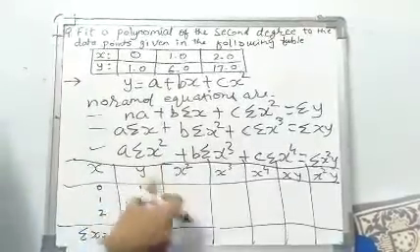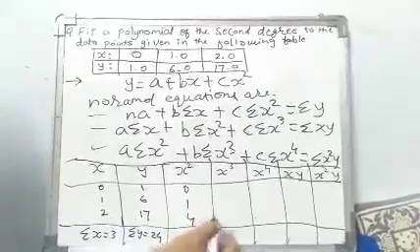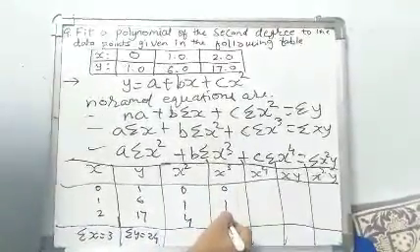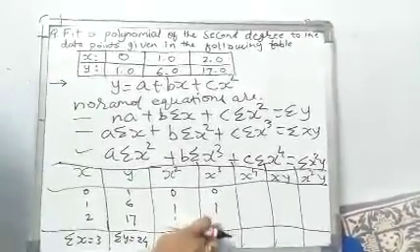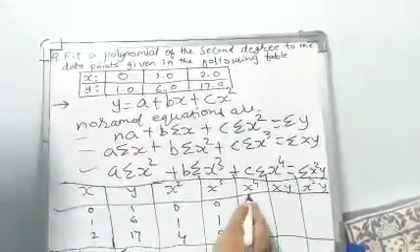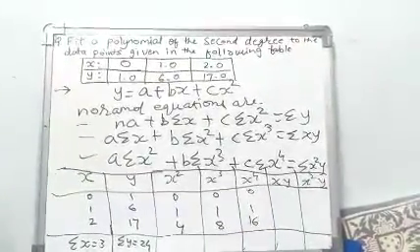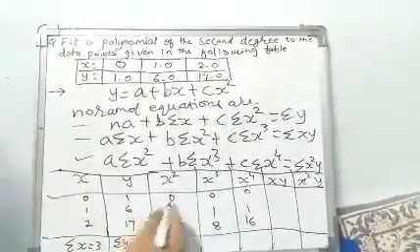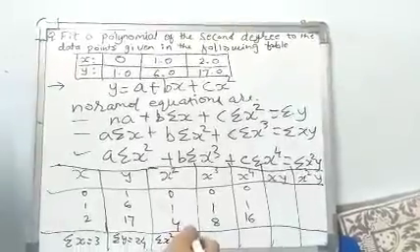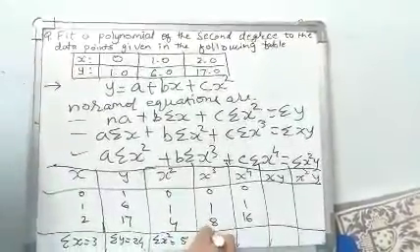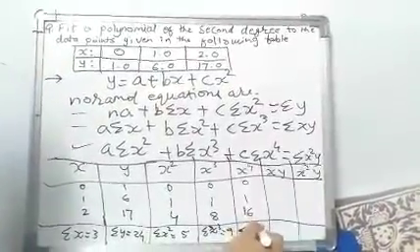Now we need to calculate x square: 0, 1, 4. x cube: 0, 1, 8. And x raised to 4: 0, 1, 16. So summation of x square is 5, summation of x cube equals 9, summation of x raised to 4 equals 17.